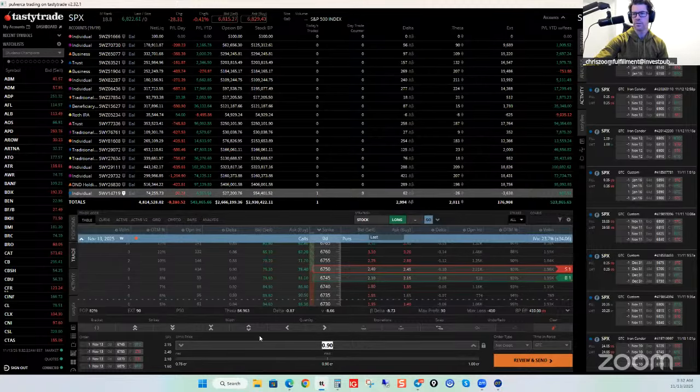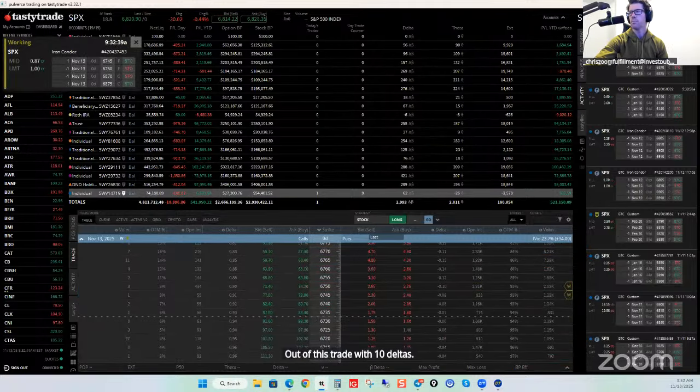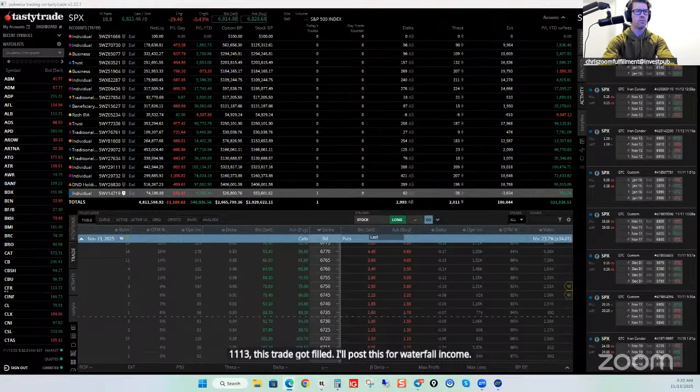Okay, I'm going to try to get $1 out of this trade with 10 deltas. $11.13. This trade got filled. I'll post this for waterfall income. 116 expiration.